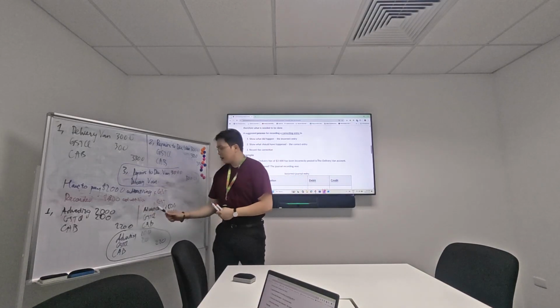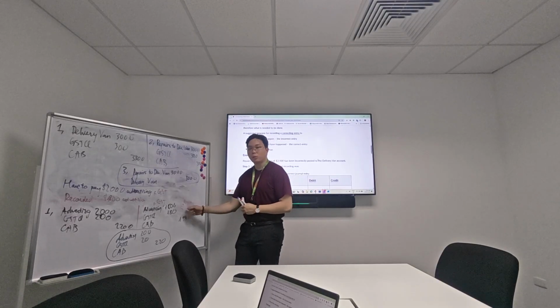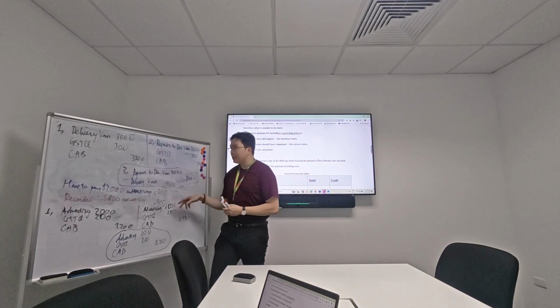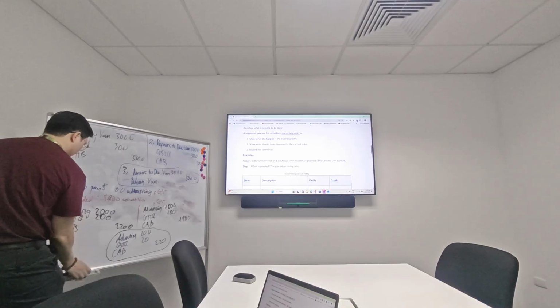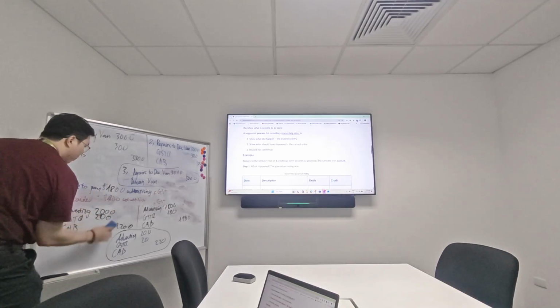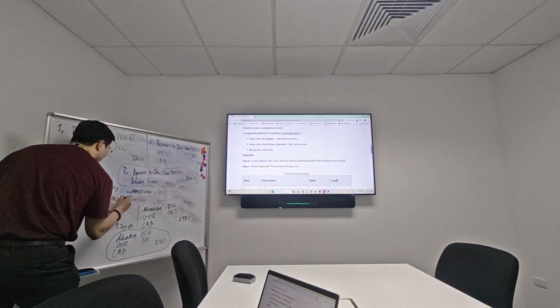This is the mistake. This is the correct entries. What should have happened? So here we make a mistake. We should only have to pay 1,800. But instead, on paper, we make a payment. We pay 2,000.